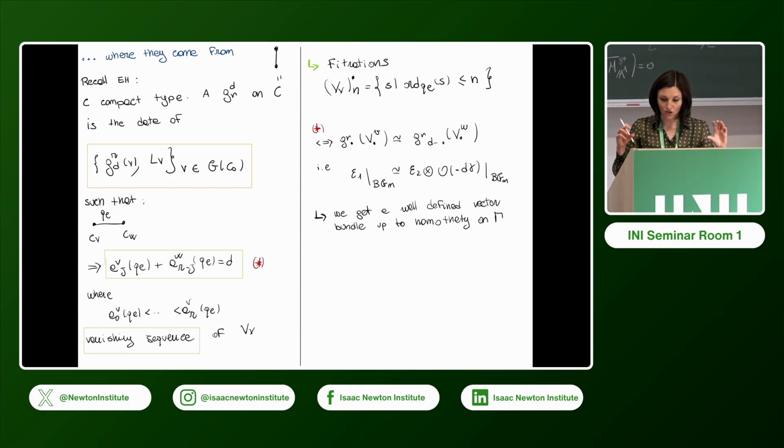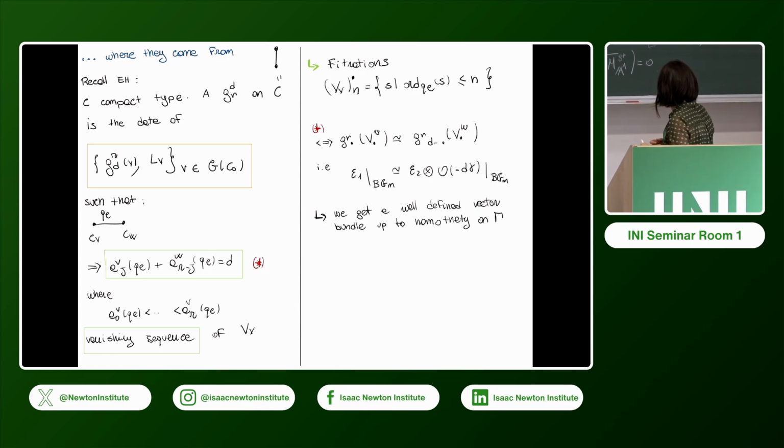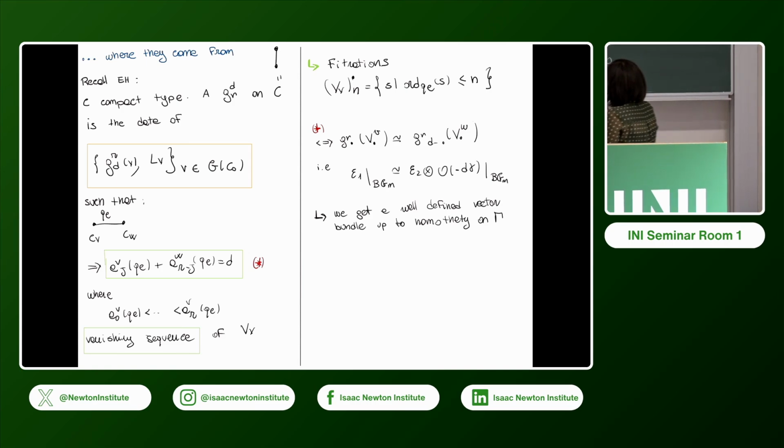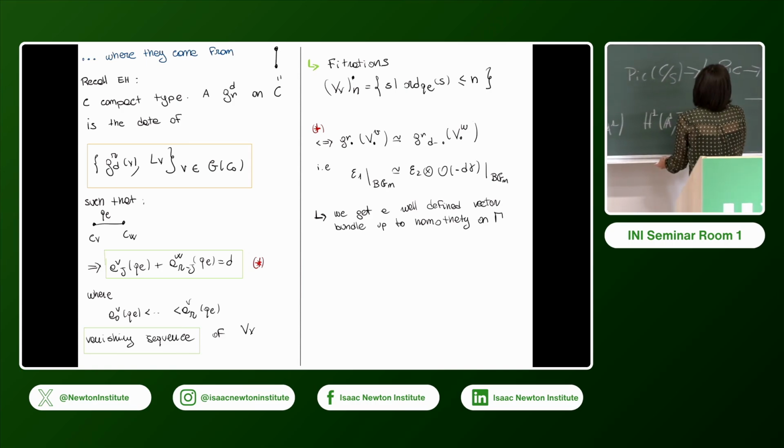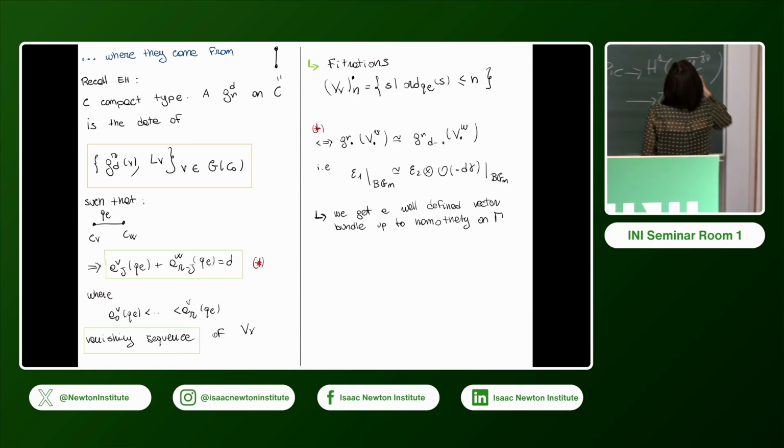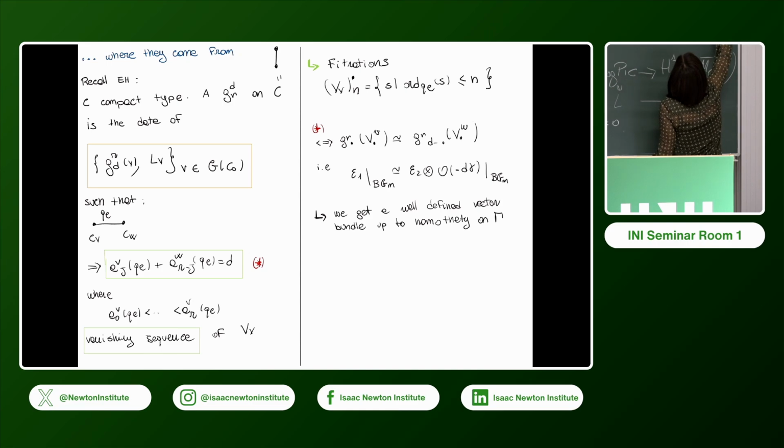And the fact that there is this shift by d means that I do not really have an identification of the two vector bundles, but I only have it after I twist my vector bundle by a suitable function on this edge, which I'm denoting by gamma, the PL function which has slope 1 along this edge.